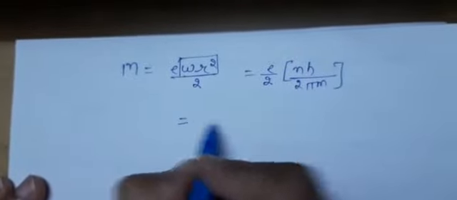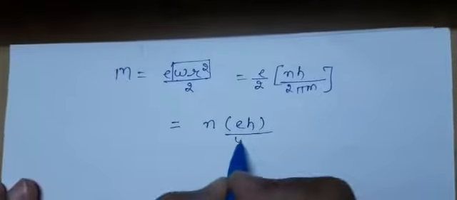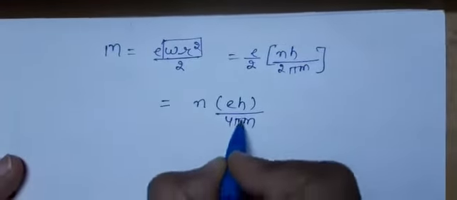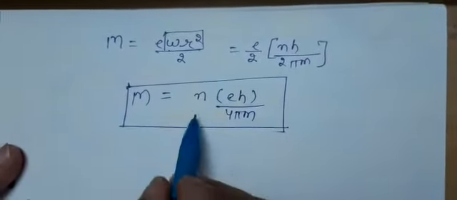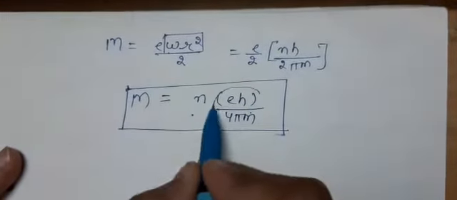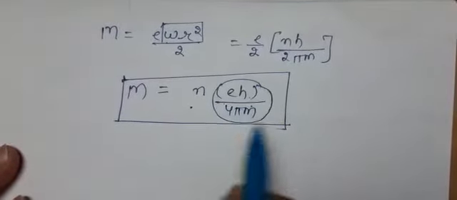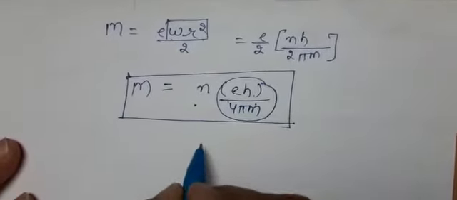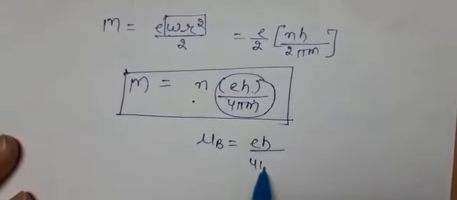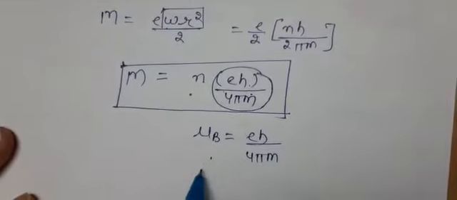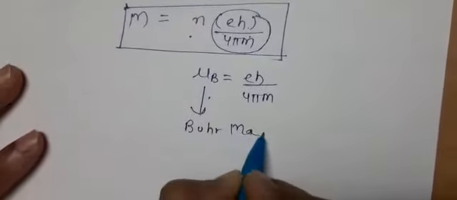So I will rearrange it. I will get n into e h upon 4 pi m. So the magnetic moment comes out to be n times this factor, where e is the electronic charge, h is Planck's constant, and m is the mass. Basically this factor is replaced by a constant, which is taken as Bohr's magneton.